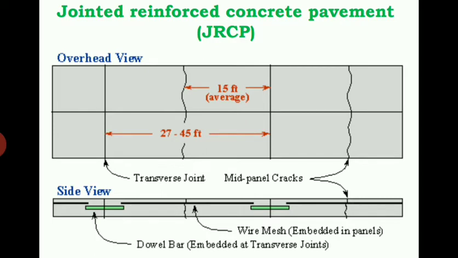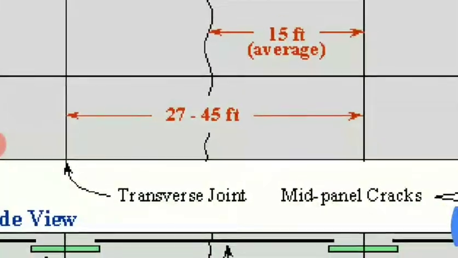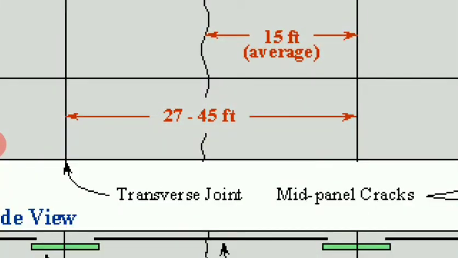And here the dowel bars are provided for the load transfer, and the reinforcements help to keep the slab together even after cracks. So if some cracks develop within these sections, they can easily be borne by the additional reinforcements such as the dowel bars and all.